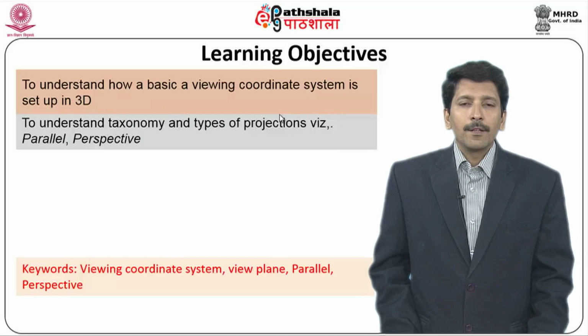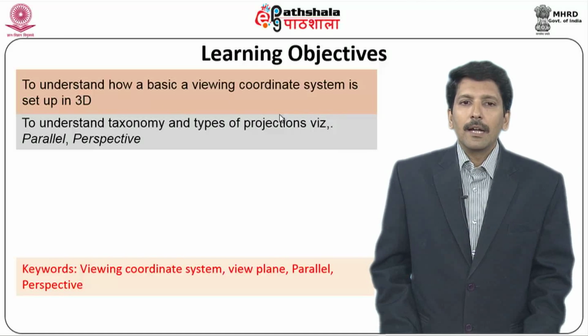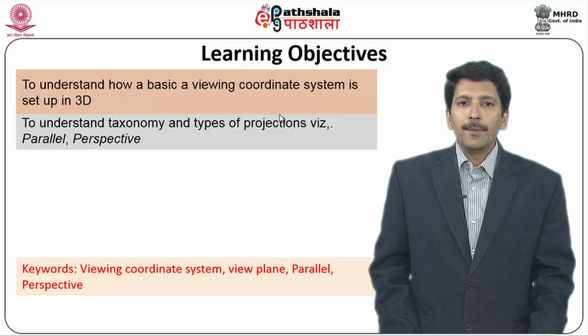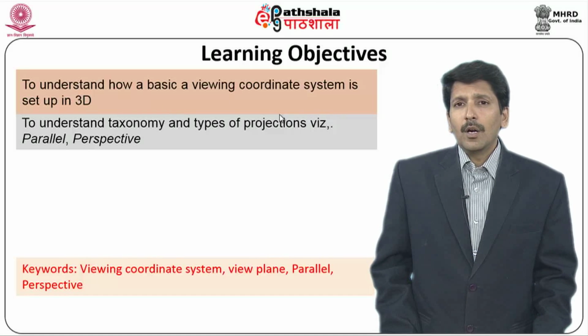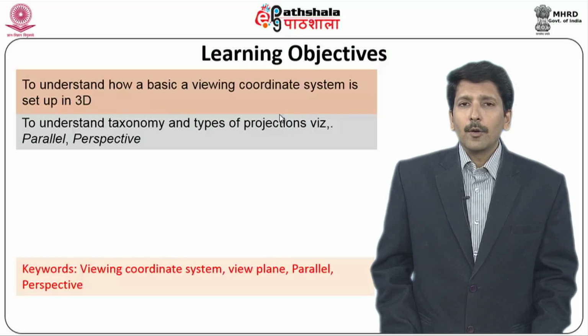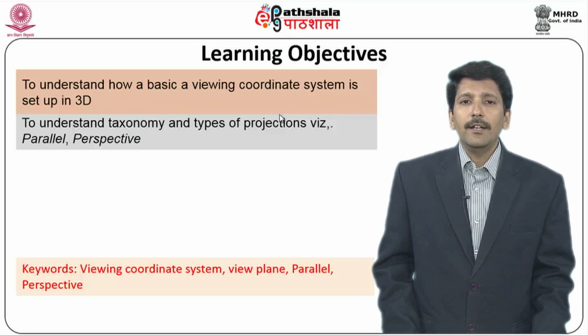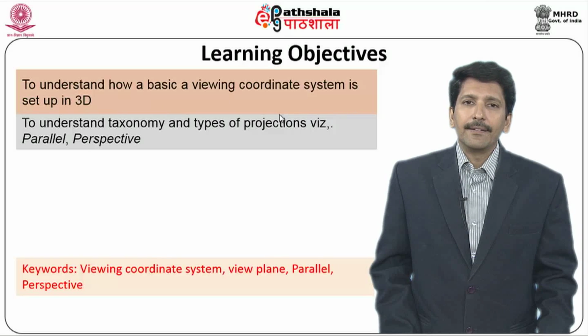So, 3D is much more complex than 2D, and before we get into how we capture 3D scenes, we need to understand how a 3D viewing coordinate system is set up.